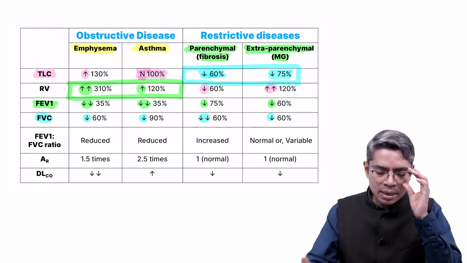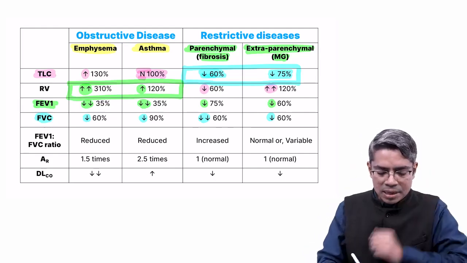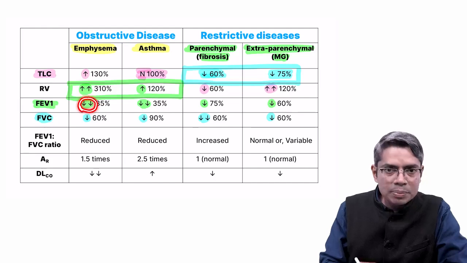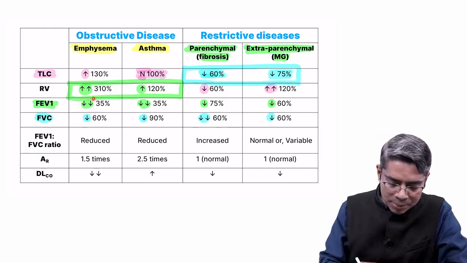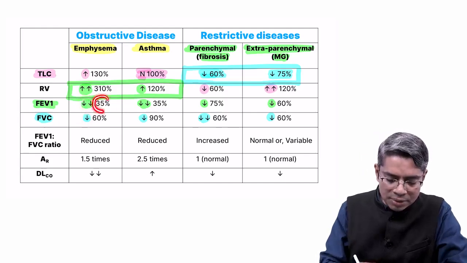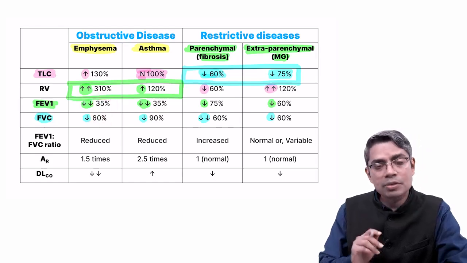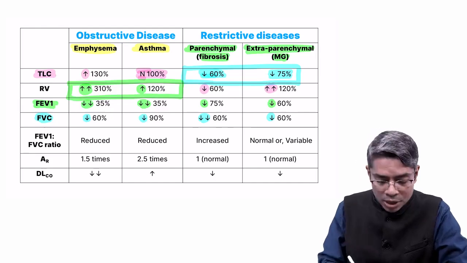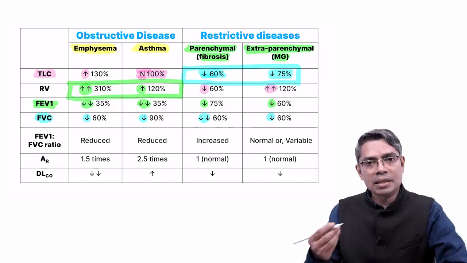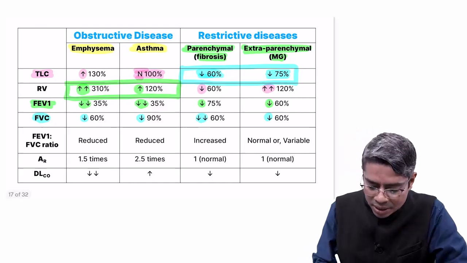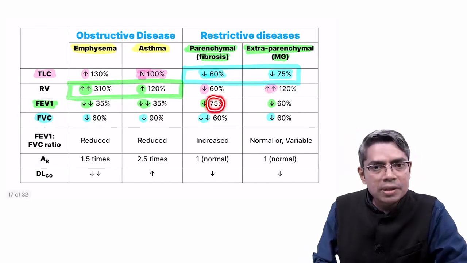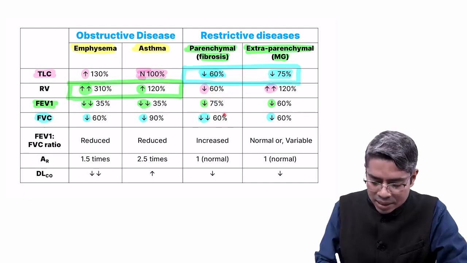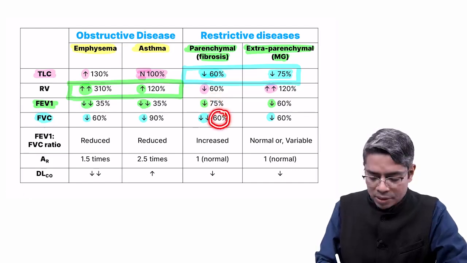We have already discussed that in case of obstructive disease, FEV1 reduced much more than that of the FVC. So, FEV1 has reduced from 100% to 35%, but FVC has reduced from 100% to 60%. So, which one has reduced more? This has been reduced more. But in case of restrictive disease, see here, this has reduced from 100% to 75%, and this has reduced from 100% to 60%.